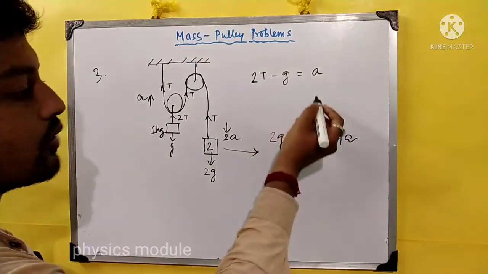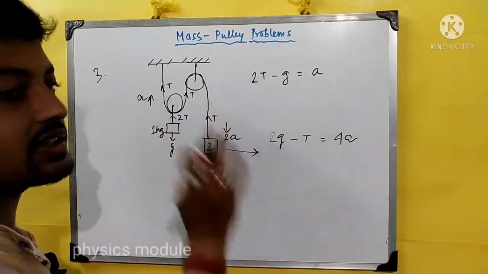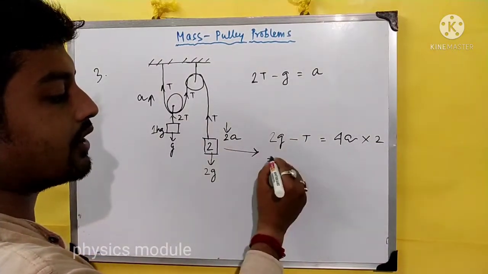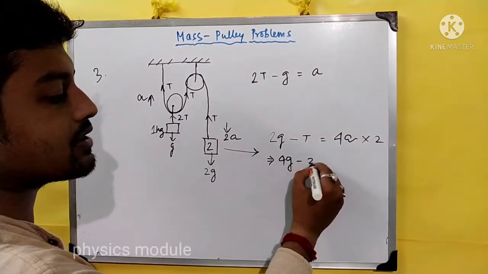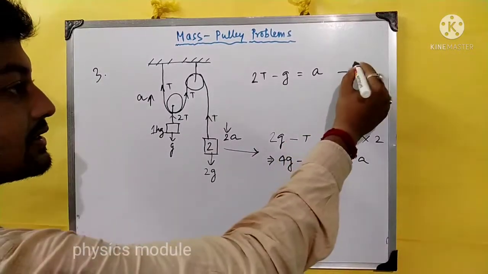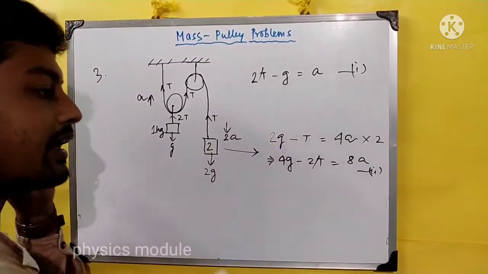So if you are to add these two equations, you have to equate the value of tension. So you have to multiply this equation by 2. It will become 4G minus 2T equals 8A. So by adding equation 1 and equation 2, this 2T and 2T will be cancelled out.